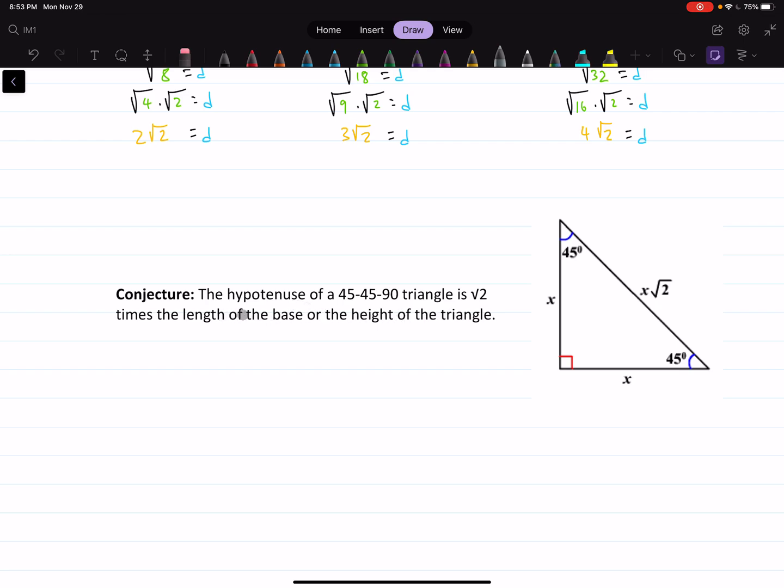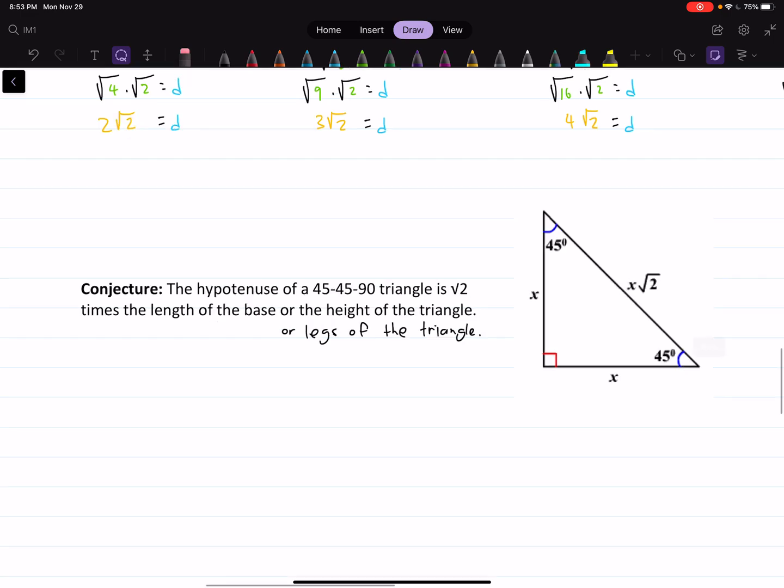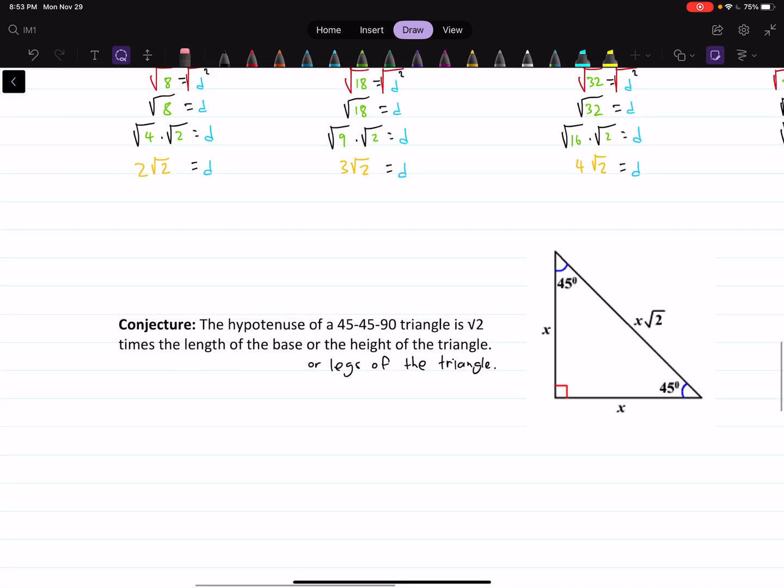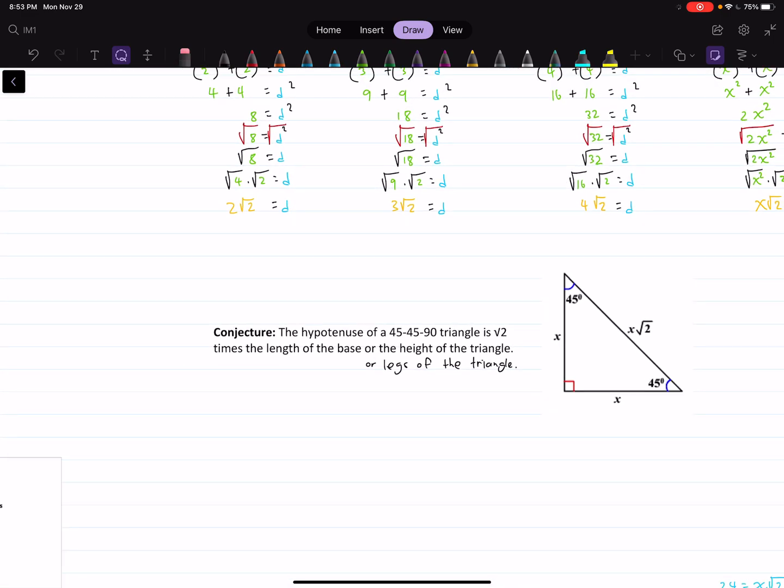So length of the legs, you could also say legs of the triangle. So that's basically a conjecture and a truth that I think everybody should know. Make sure you draw this and copy this down because it's hugely important.